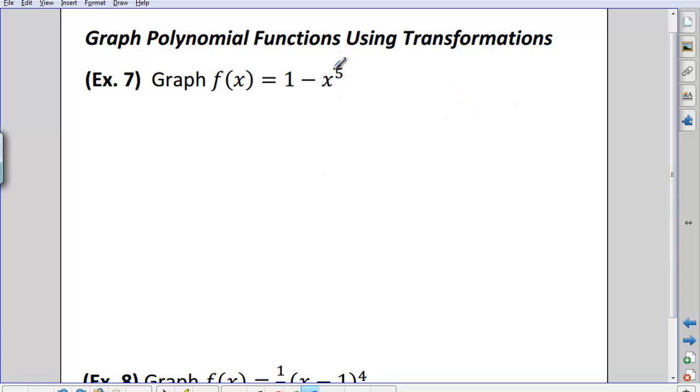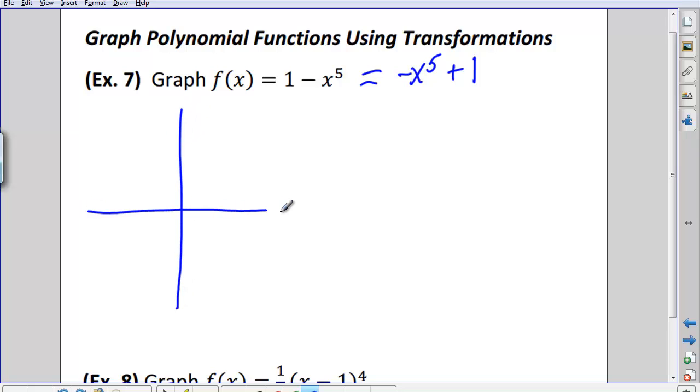Okay, well, if we switch this around, what's our base graph we're starting with? That's x to the fifth, right? So x to the fifth looks something like this. Okay, that's like that S shape.